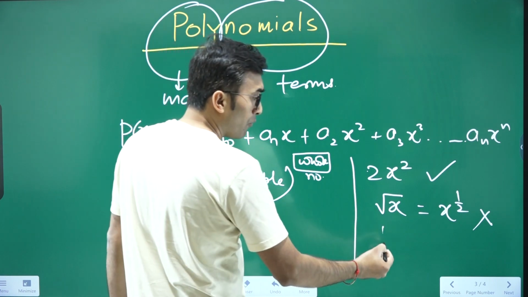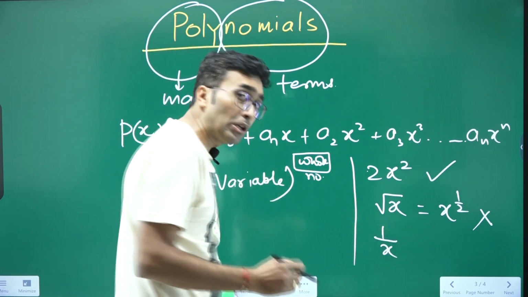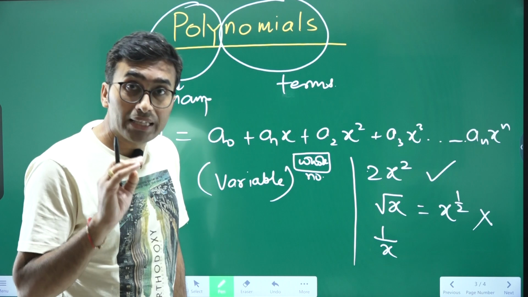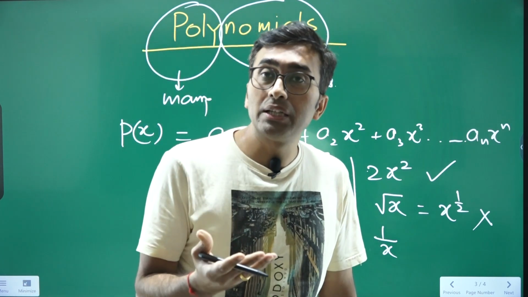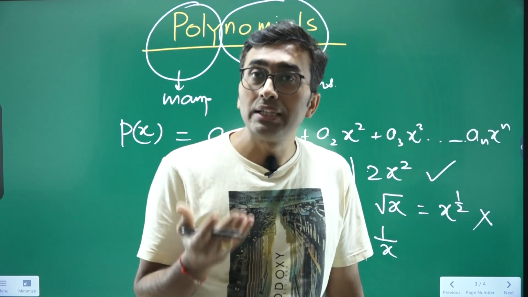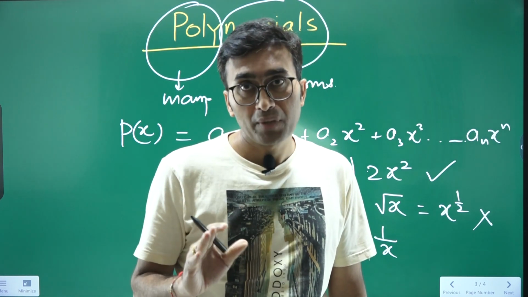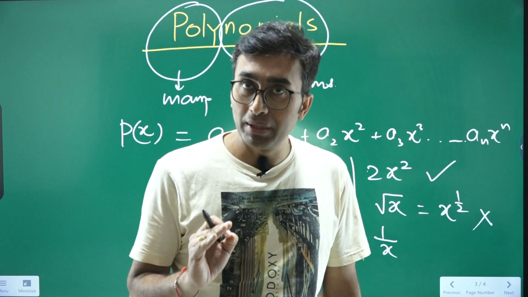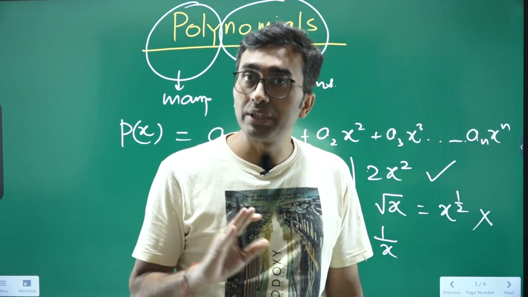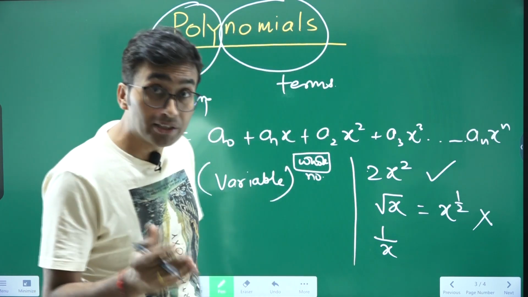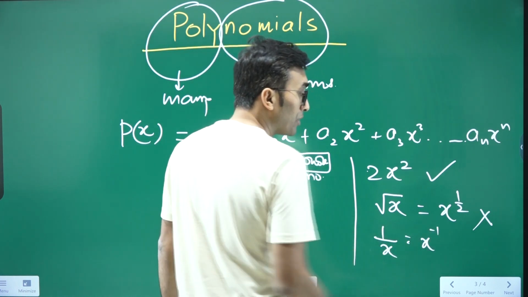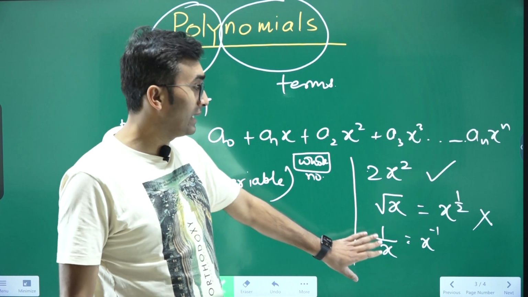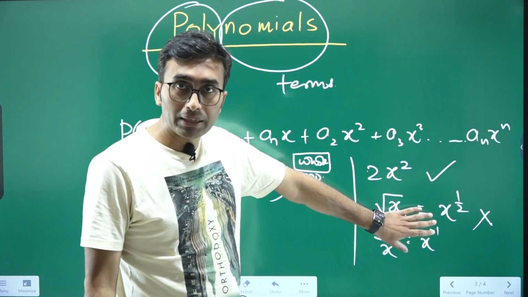Can I say 1 over x? Is it a polynomial? A thing to be observed, whenever you have the variable in the denominator, it is not a polynomial. Why so? Just see, we can write 1 over x as x raised to the power minus 1.